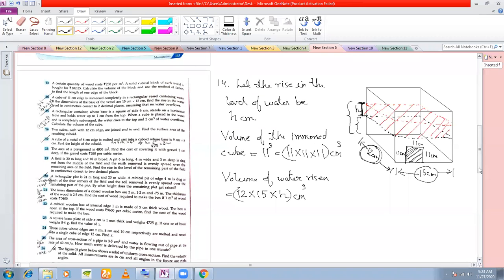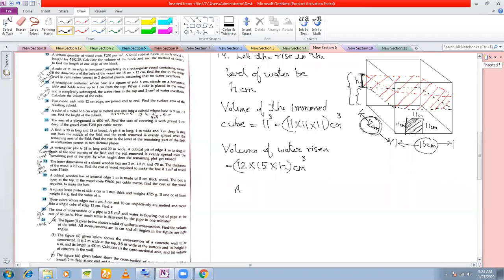And you know that the volume of this cube must be equal to the volume of risen water.